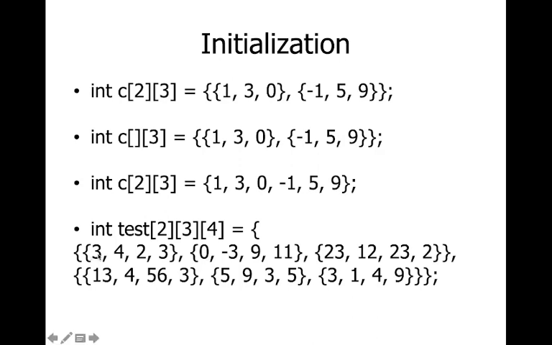So it will be 0 1 0, 0 1 1, 0 1 2 and 0 1 3. Then next it will be 0 2 0, 0 2 1, 0 2 2 and 0 2 3, and this will be 1.